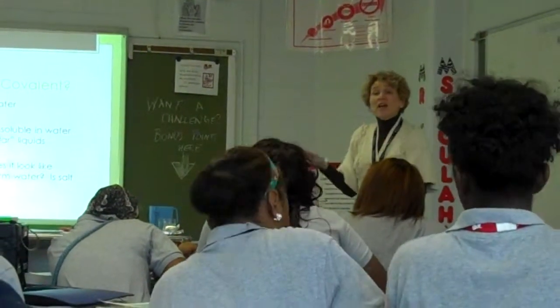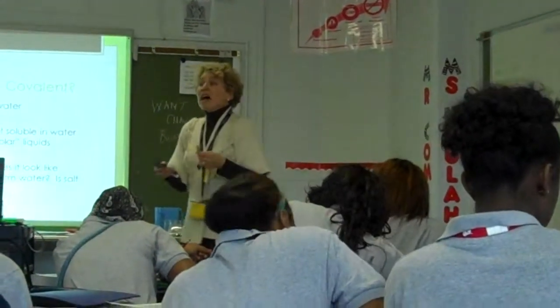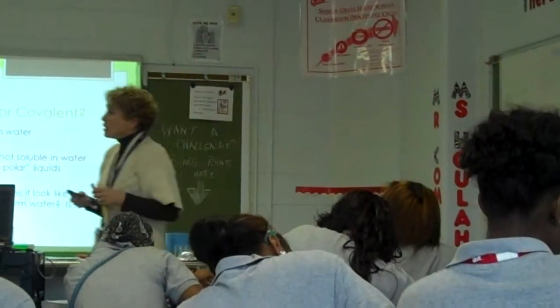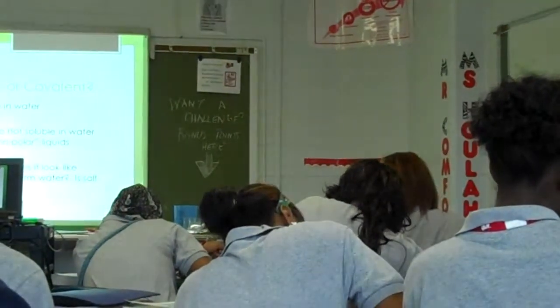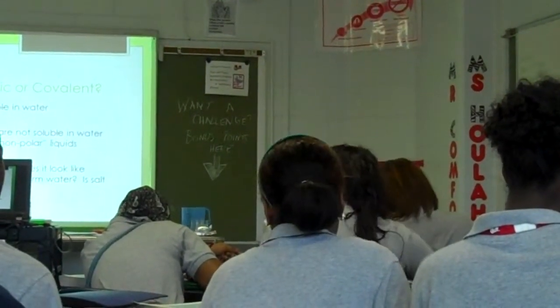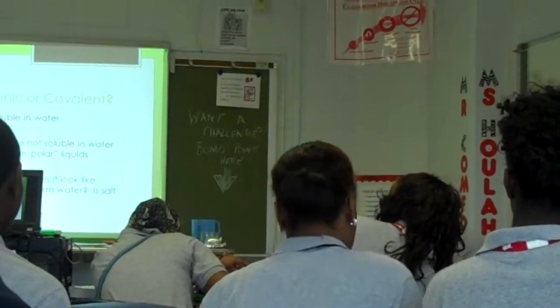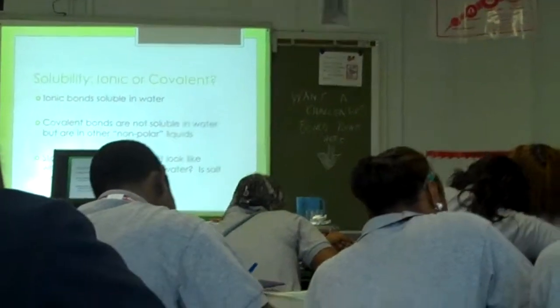We should have finished the bullet that says property solubility. We are now moving to the bullet that says solubility, ionic or covalent. And here we're going to compare and contrast ionic bonds and covalent bonds. Ionic bonds are soluble in water, which means they dissolve in water. You need to be taking notes as well.